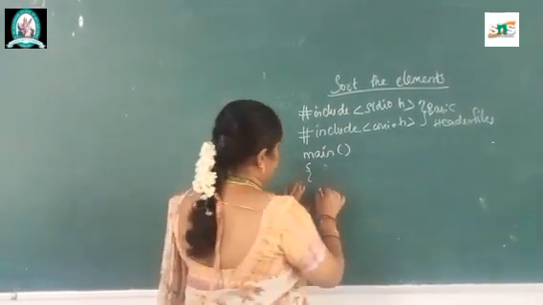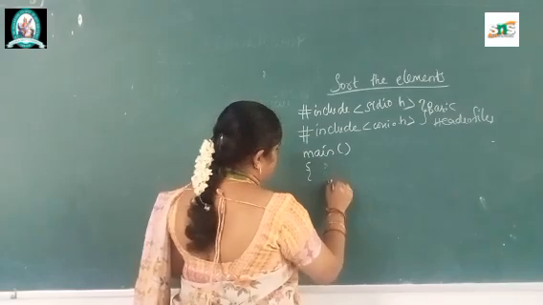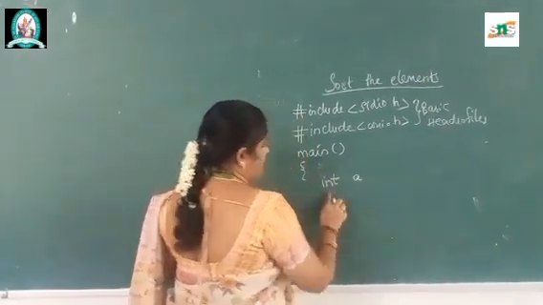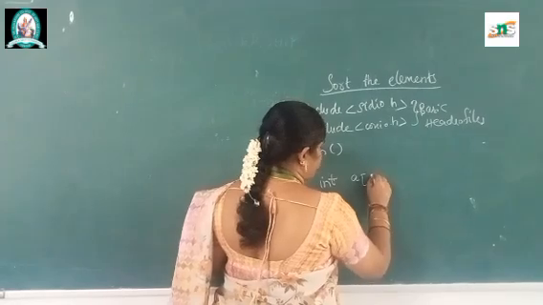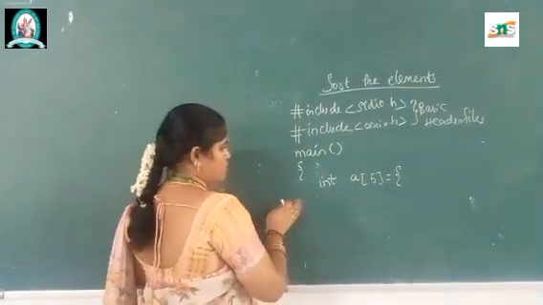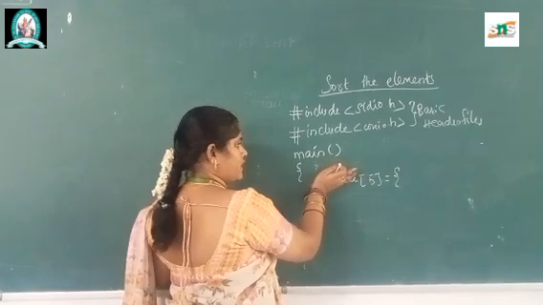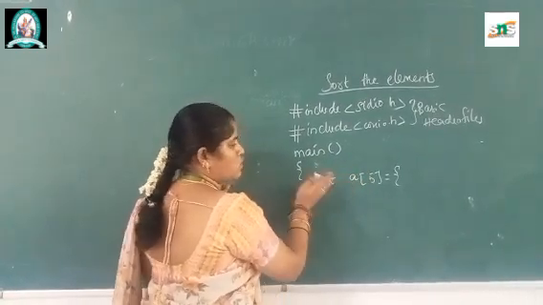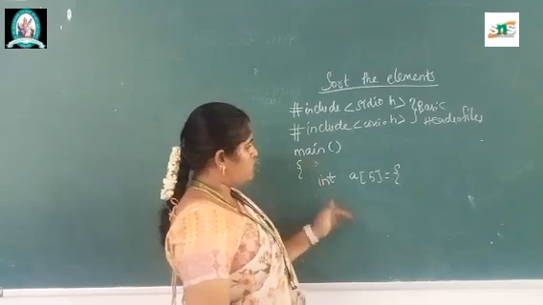First will be the variable declaration. Int A is the variable name. It is going to store elements. Here I am specifying the values by default, so I am not getting the values from the user.